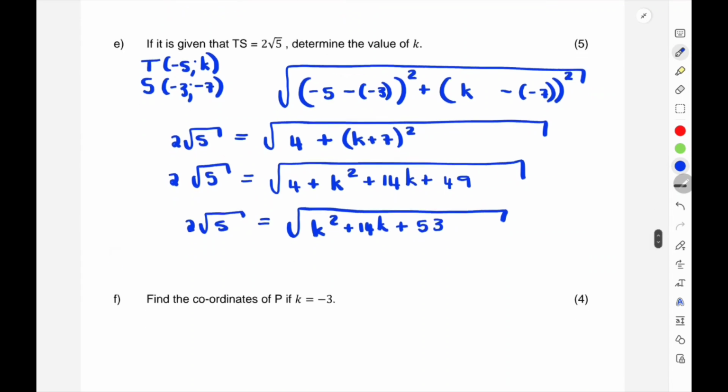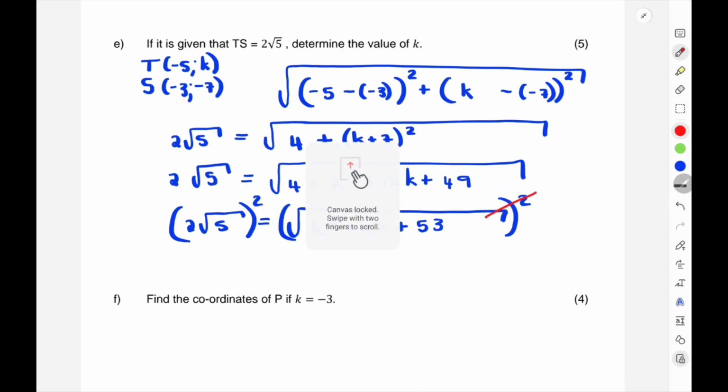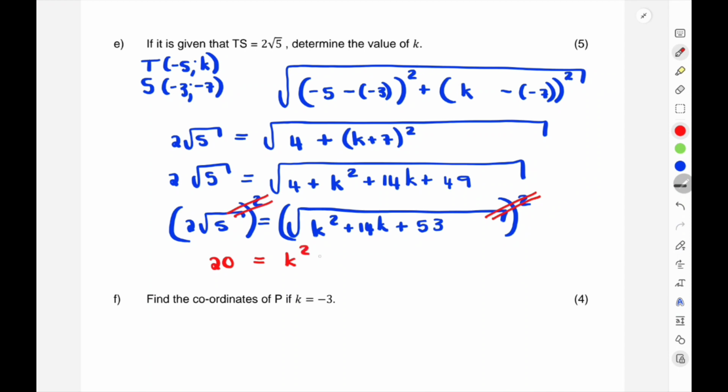Now I could have done this in the beginning as well. I'm going to square both sides, so that cancels out, and 2 square root of 5 to the power 2 gives you 20, equal to K squared plus 14K plus 53. Then I've got K squared plus 14K, and 53 minus 20 is plus 33, equal to 0.